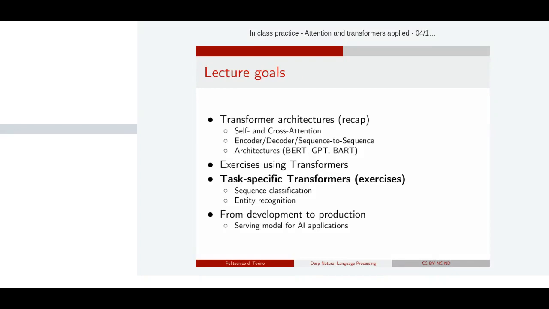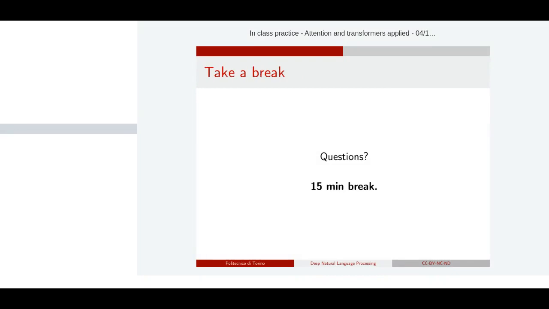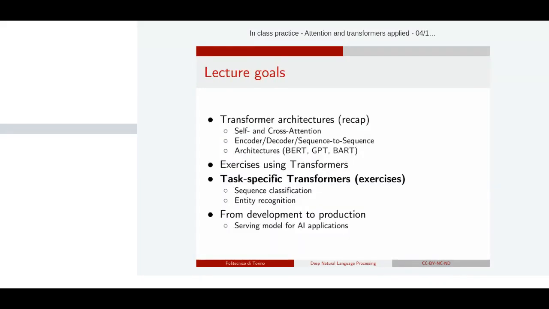Okay, so we already did the break. So we can now continue with some exercises and some introduction to the details of some task-specific transformers. You have seen with Professor Cagliero how attention works, and we saw today at the beginning of the lesson how attention works.